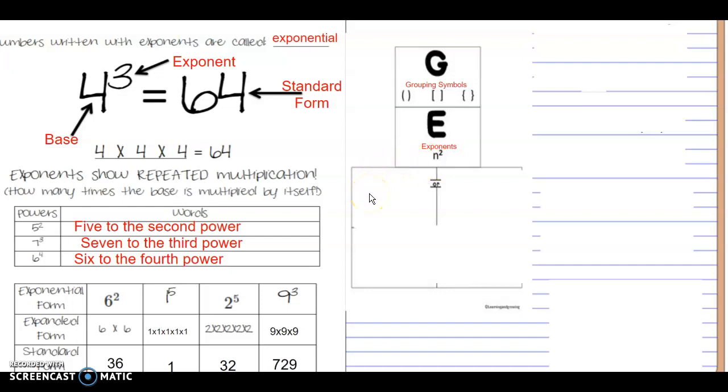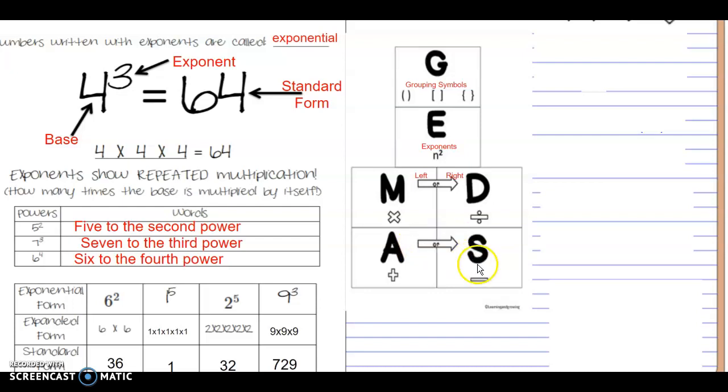After we do the exponents, then multiplication and division are going to be together, which means you will do those from left to right. Whatever you see first, whether it's multiplication or division, is what you do first. And then addition and subtraction are also from left to right.